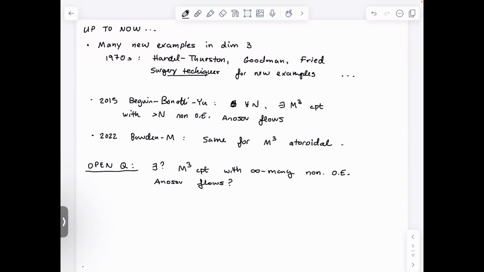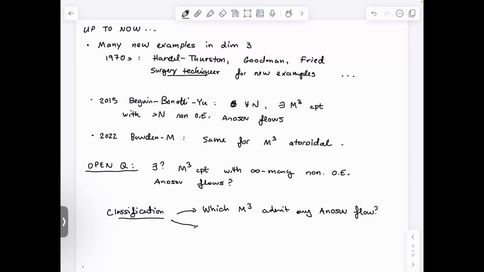So to reiterate, there are maybe two parts of the classification problem. First, which three-manifolds even admit any Anosov flow. This has been worked on and is relatively well answered, although we still don't know the total picture.